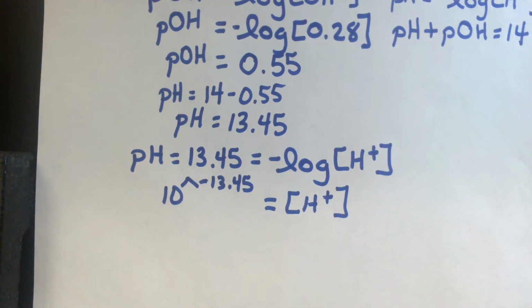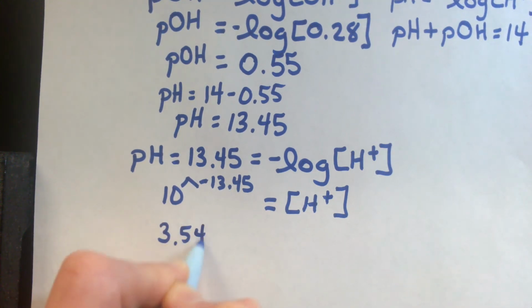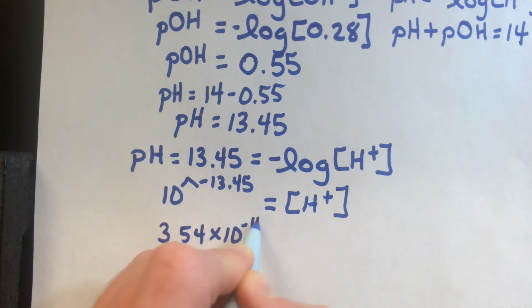On our calculators, if we go ahead and simplify this, it looks like we get something like 3.54 times 10 to the negative 14. That's what I'm showing.